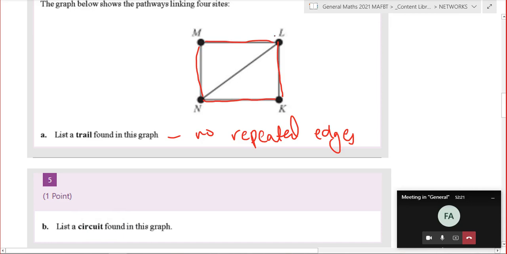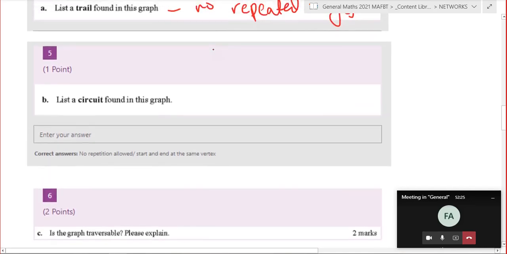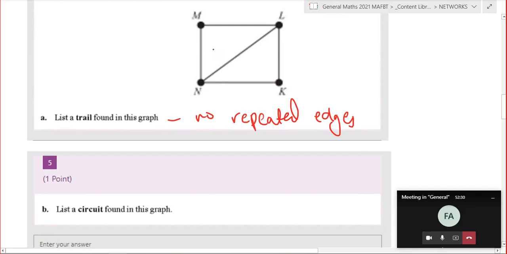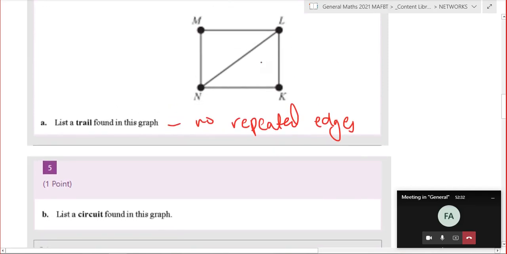Now, in this scenario though, oh, sorry, I got that confused with the cycle. A circuit just means start and finish have to be the same, okay? But you can't repeat an edge. So in this case, okay, there is a circuit. Okay, so N, M, L, K.